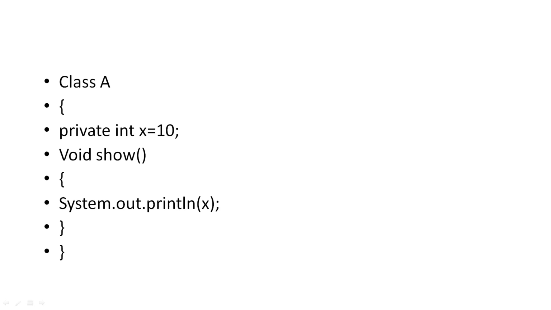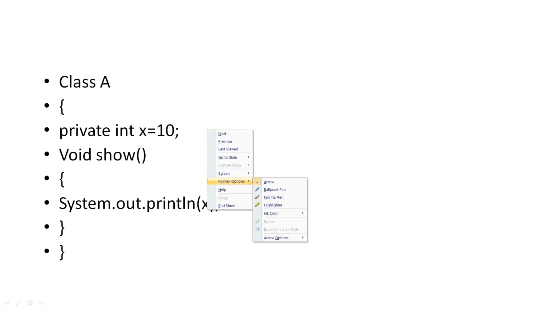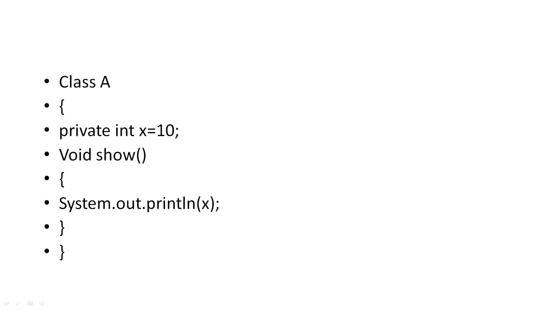So let us take a class A. I have declared a variable x as private, which I can't use in the main class, but I can use it in the other members of the same class. Show is another member of the A class.